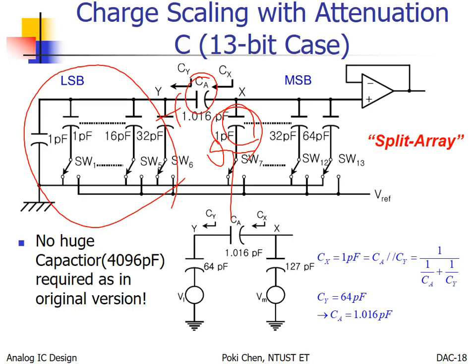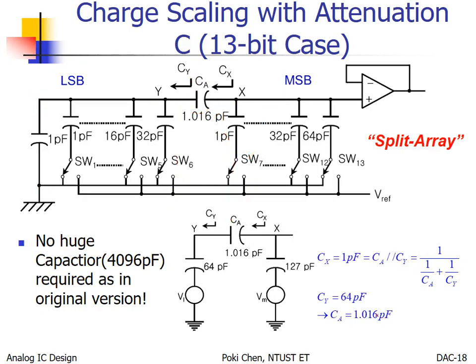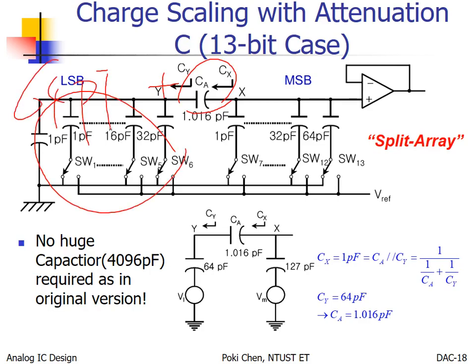So again, according to impedance, the impedance means impedance of CA plus impedance of all of them, all of them 64P. So how much do you need to have for this?